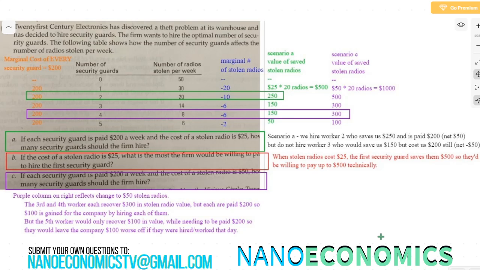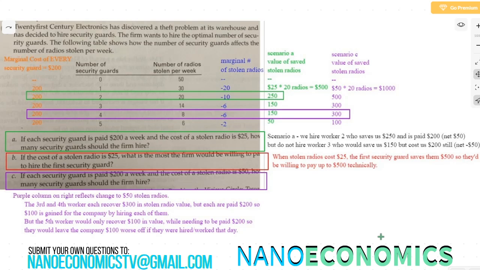And for scenario C, if each security guard is paid $200 a week and the cost of a stolen radio is $50, how many security guards should the firm hire? So now the purple column is what we've set up, where we're taking a $50 stolen radio and multiplying it times the number of radios that security guard is preventing from being stolen.